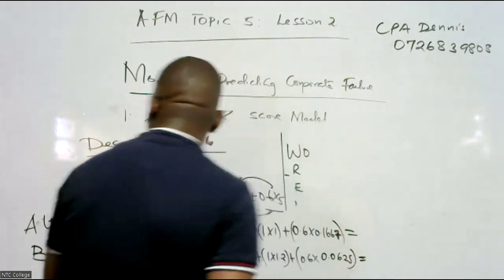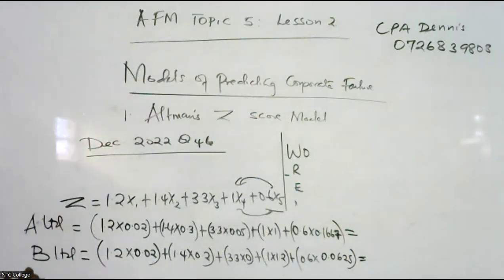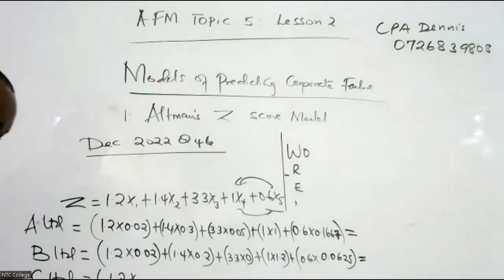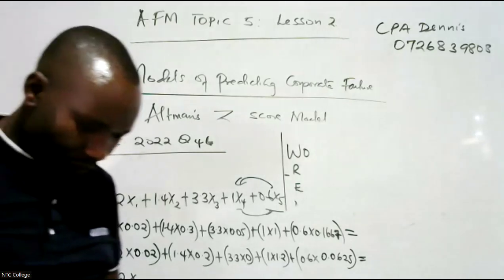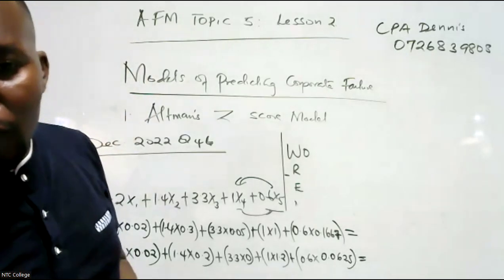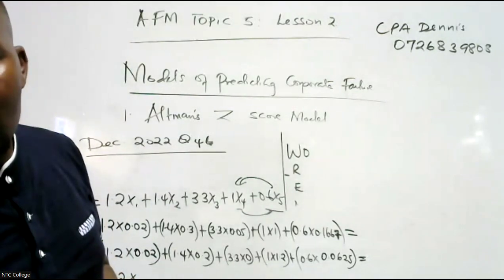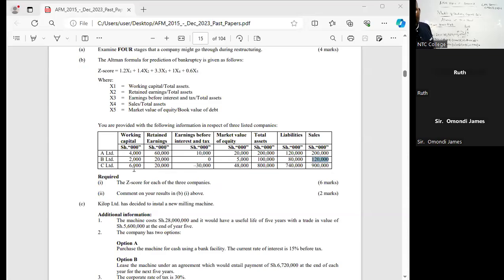What do you get? Let's come to C limited. So we have 1.2 times, what do we have as the working capital over total asset? Working capital 6,000.